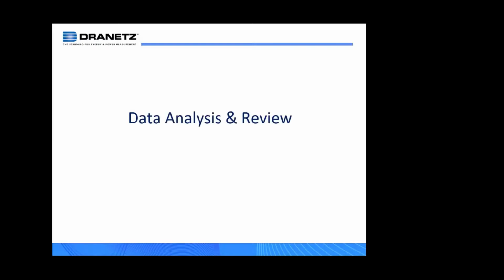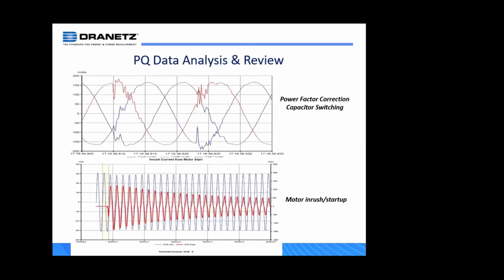So you've collected this data, whether it be power quality data, whether it be energy and demand data. Now you get into what I call the post-analysis. And so what are we looking for? If it's power quality data, and again, just going back some slides earlier, if during the preparation stage we cataloged when something failed or when something misoperated, and time and date stamped it, this is the time that you're going to look to draw that consistent correlation between what you've cataloged and what the instrument has recorded.